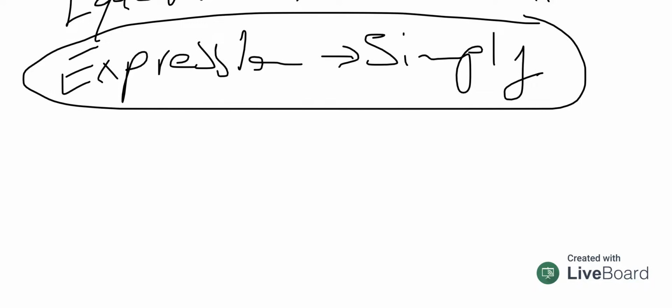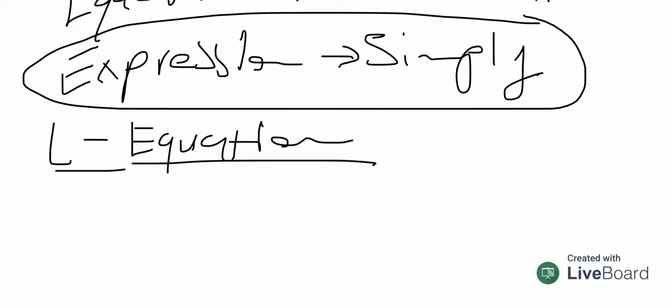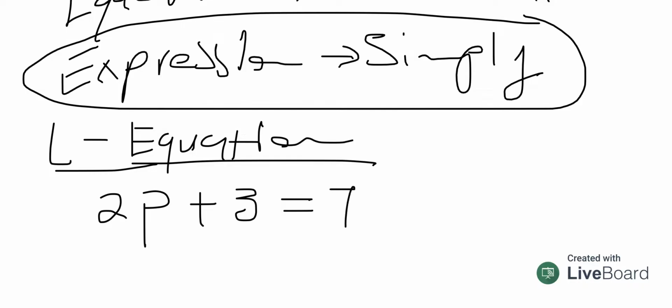So let me just write there to say we're going to be dealing with a linear equation. An example of a linear equation would be, let's say 2, what letter can you think of? Maybe let's say P. Maybe let's say 3, and then let's equate this to what? Maybe we can equate it to 7. You look at this and you realize you've got an equal sign, then it means it is an equation.